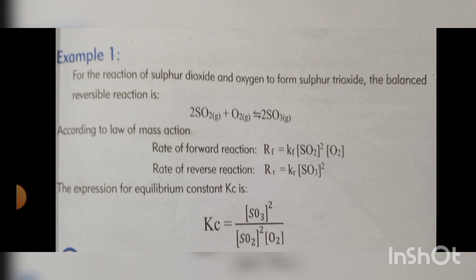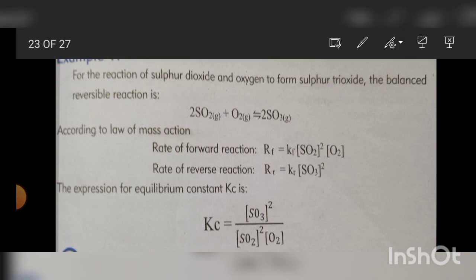RR is equal to KR square brackets SO3, that is the product, and the 2 is written for the coefficient or the number of moles attached with the sulfur trioxide, as you can see here. So this 2 is representing the number of moles or coefficient.